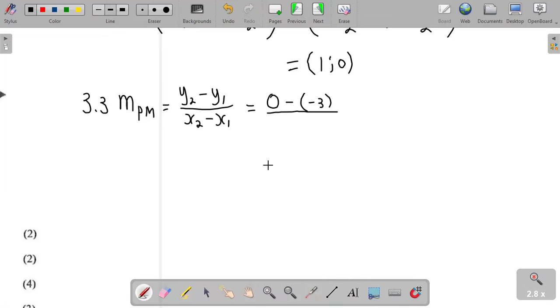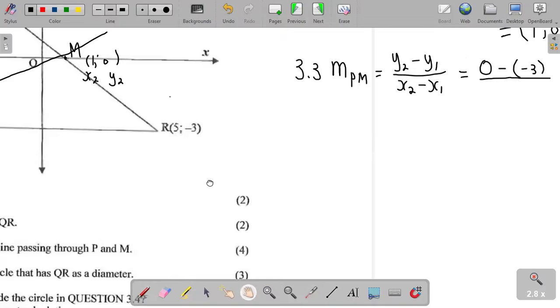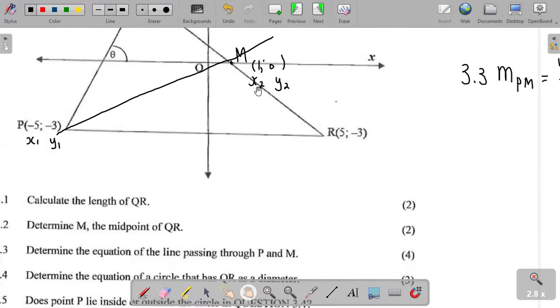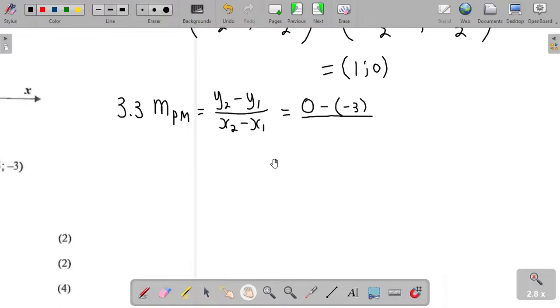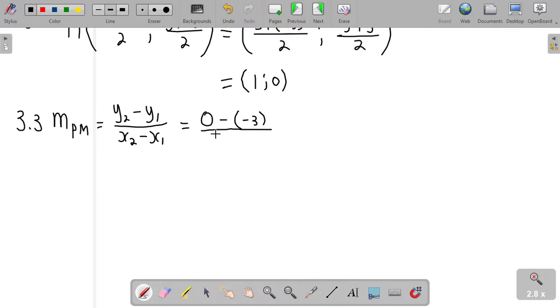And then x2 minus x1 here is going to be 1 minus -5.